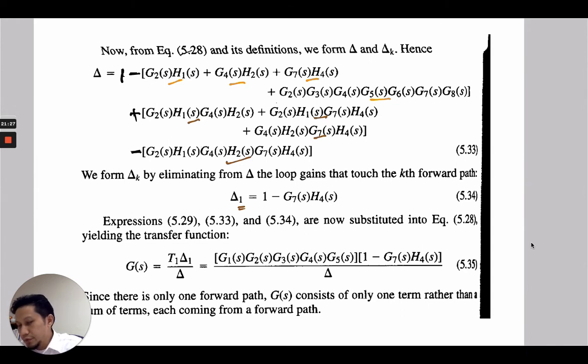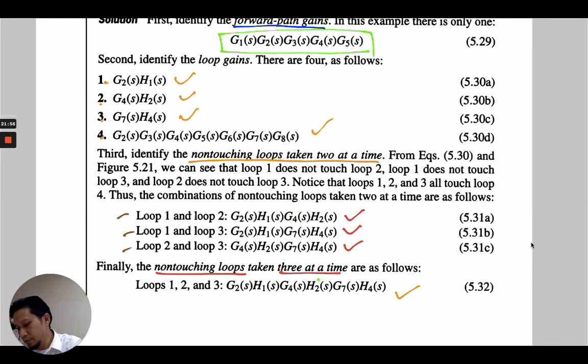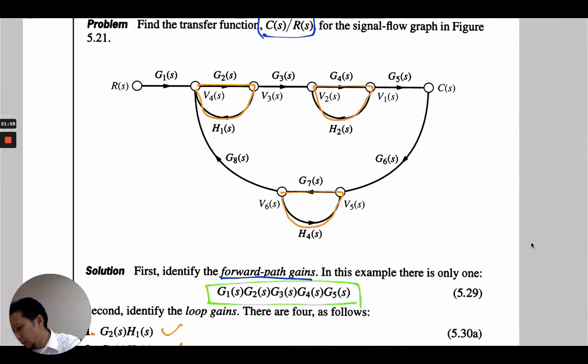This is actually 1 minus the loops that do not touch the forward path. So in this case, this is our forward path.